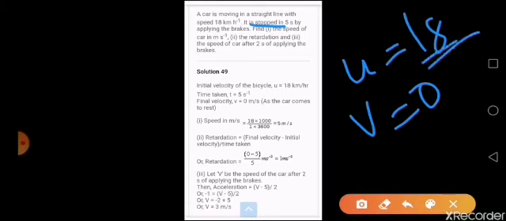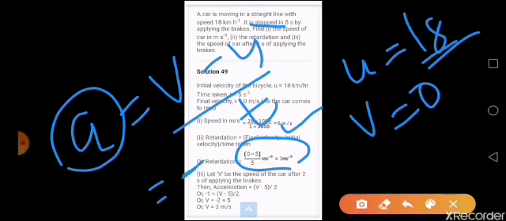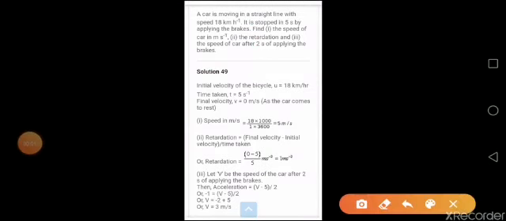Right? Now here instead of 18, you can use the value in meter per second also, and then calculate the retardation using the equation a is equal to v minus u by t. If you are putting a, you will get an answer in negative value. After that you can write therefore retardation is equal to the modulus value of whatever you are getting the answer. So second part also direct question.